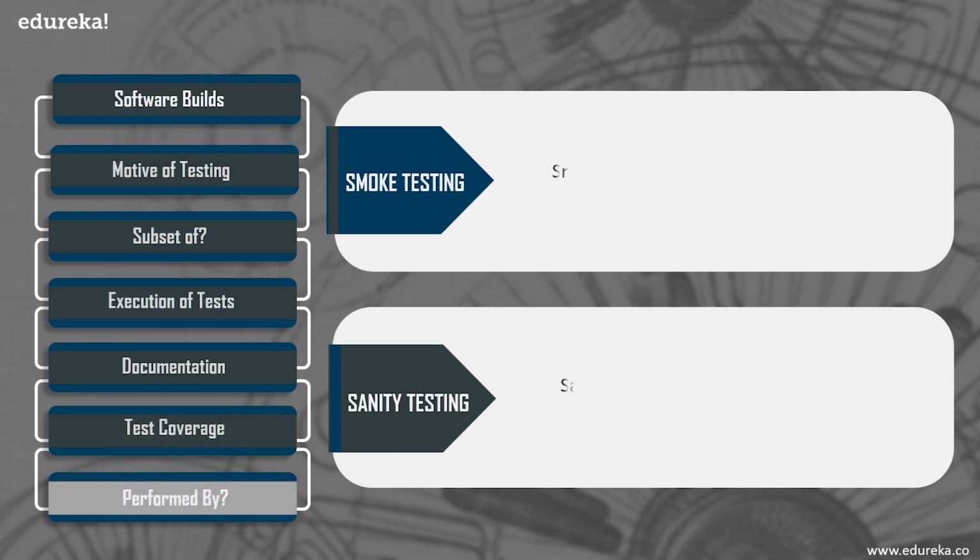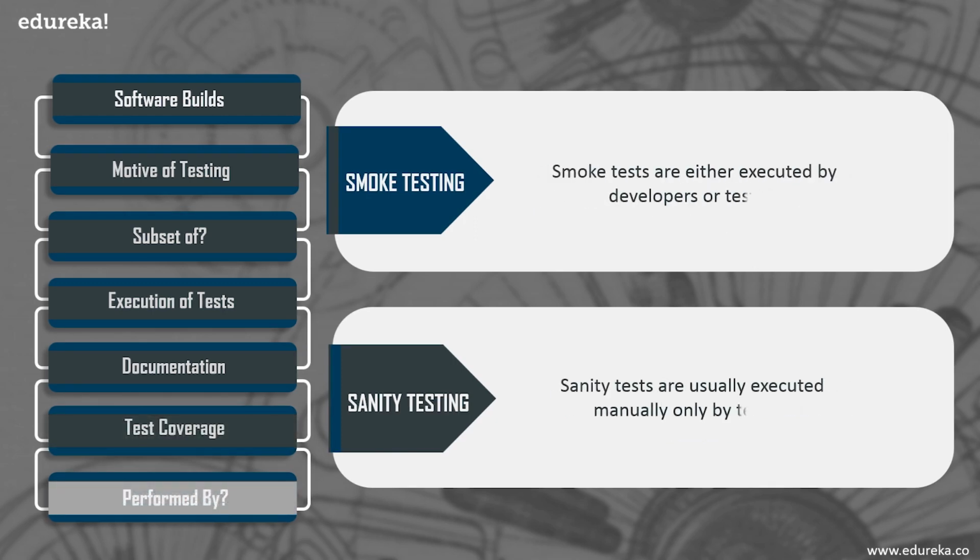And the last feature that we have to compare these testings is who these testings are performed by. Smoke testing is executed by either developers or testers, because developers pass on the initial builds, so they test and pass it to the testing team sometimes, or sometimes the testing team, before they start testing for other bugs, start with smoke testing.